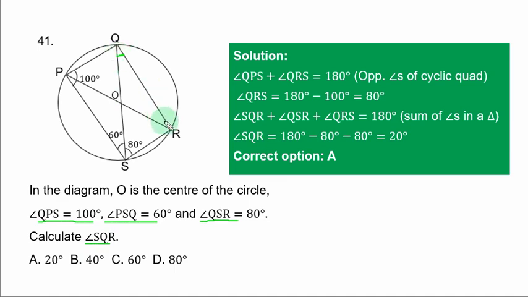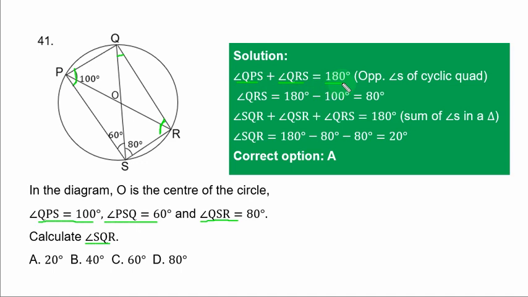If we are able to get this angle, we can consider triangle QSR. And if you look at the quadrilateral, this angle that we must get first plus 100 degrees is equal to 180 degrees. So you have angle QPS plus angle QRS equal to 180 degrees.